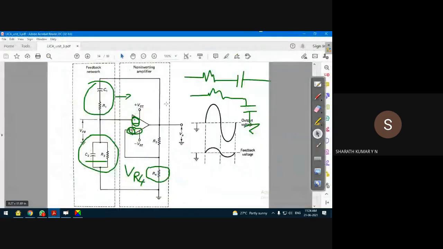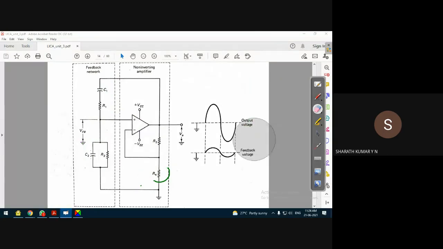Based on the position of resistor and capacitor, the network characteristics change. It can be a phase lag network or it can be a phase lead network. In this case, the feedback is given, as you can see, this is the junction which is given to the non-inverting input terminal. So whatever voltage appears across here, from this point to ground, is fed as the input voltage to the non-inverting input terminal.